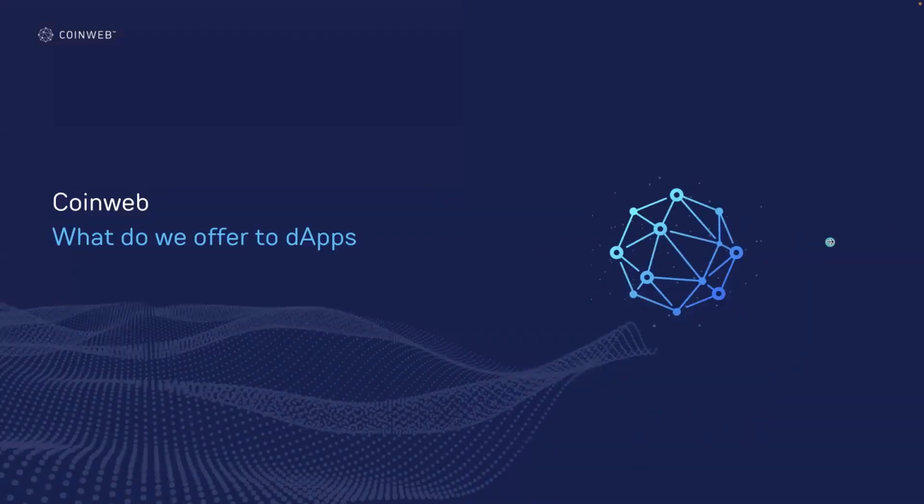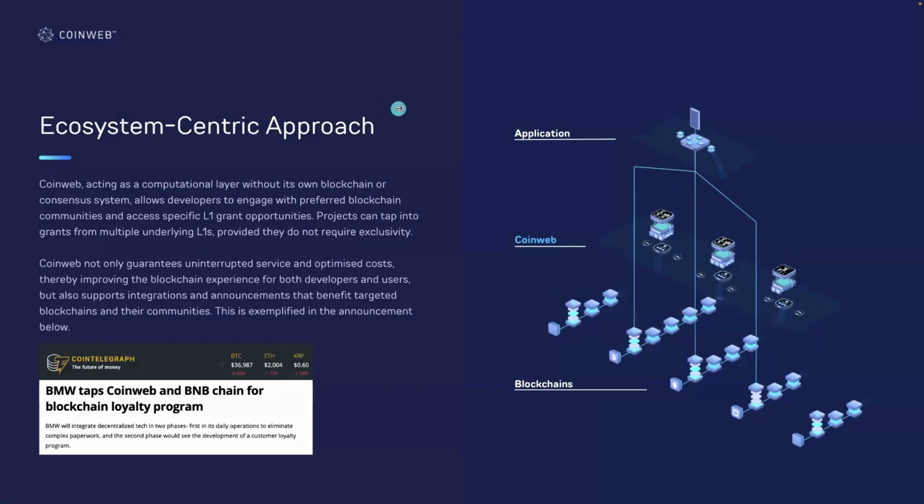So what do we offer to dApps? It's a very ecosystem-centric approach. What do we mean by that? You can build on CoinWeb and pick either one or multiple blockchains underneath for the consensus. And this provides you with quite unique features.